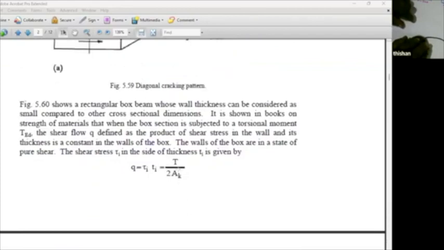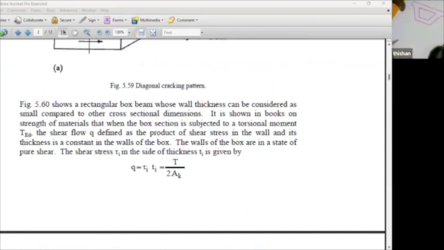Now, when there's torsion in a box beam, just one moment, I'll come show the screen, the white sheet to you.